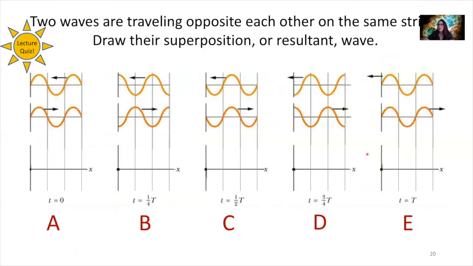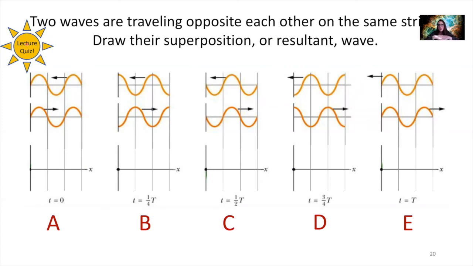So we're going to practice this here. We have two traveling waves that are traveling opposite of each other. These traveling waves are going to be traveling along the same string, and they're going to encounter each other. They're going to superpose, they're going to add together. So the top wave is moving to the right, or to the left. The bottom wave is moving to the right.